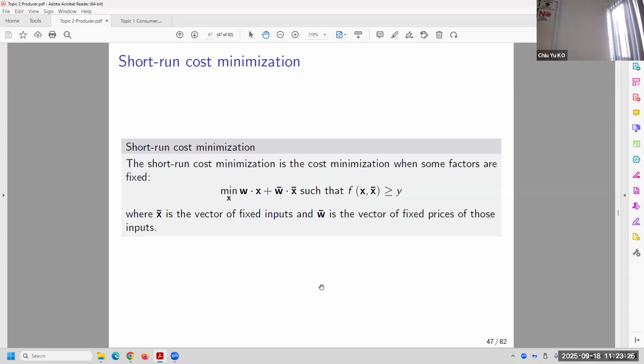Or why do some restaurants close in the afternoon? I mean, you see some restaurants close in the afternoon, and the staff are playing mahjong or watching their phones. Why is that the case? Because it's a short run, long run idea. Because something is fixed. Because the rent is fixed.